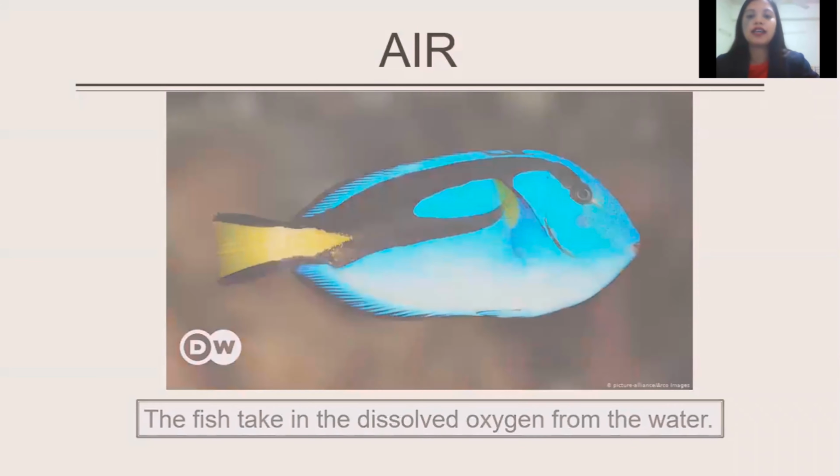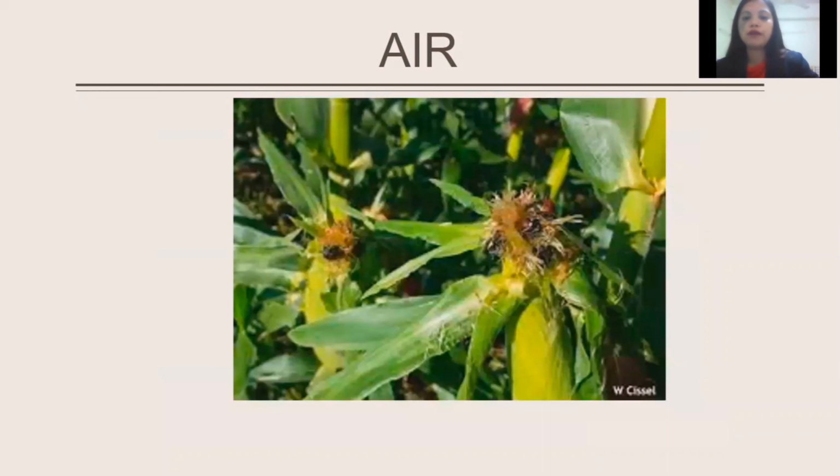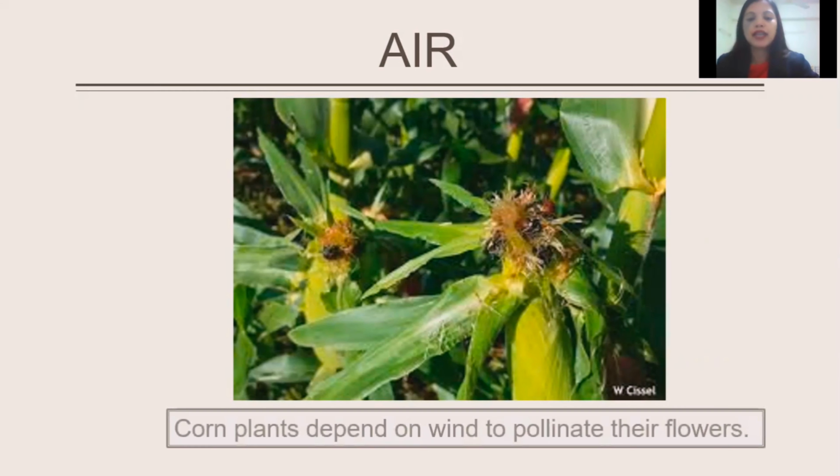Okay, next we have this plant. The corn plants depend on wind to pollinate their flowers. When we talk about wind, it is the moving air. So when the air is moving, it is called wind. This wind helps the corn plants pollinate their flowers.